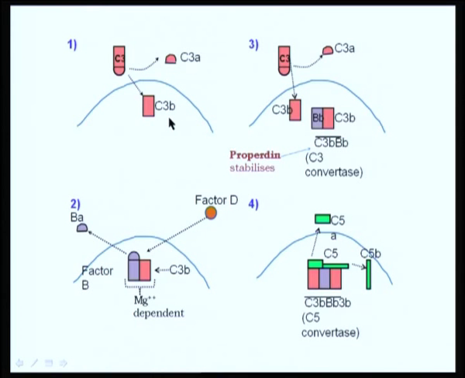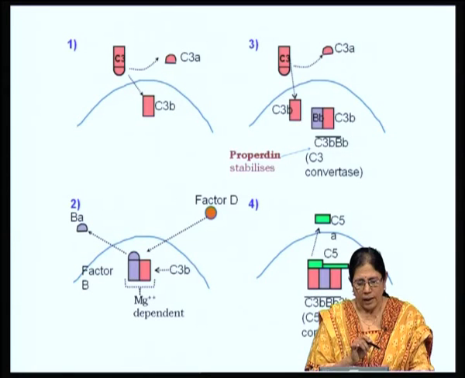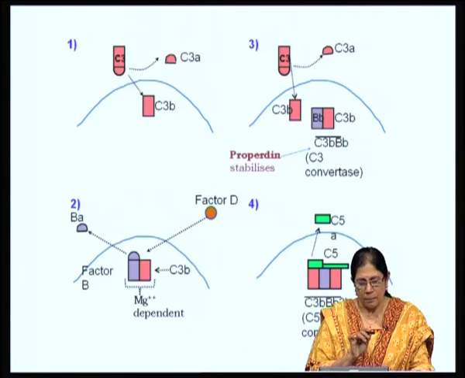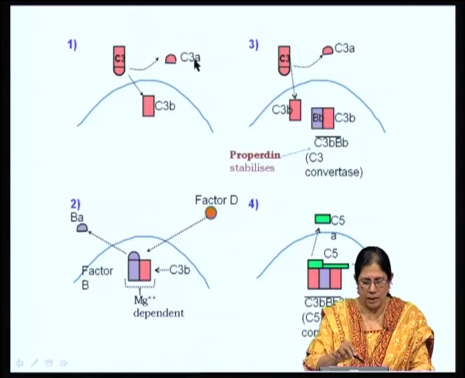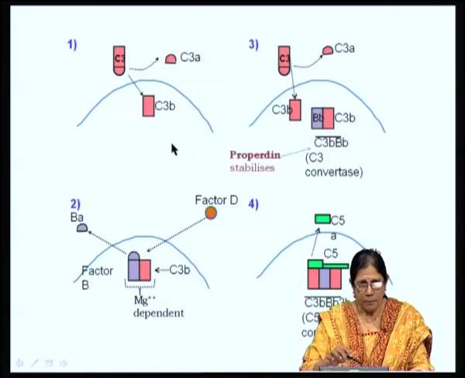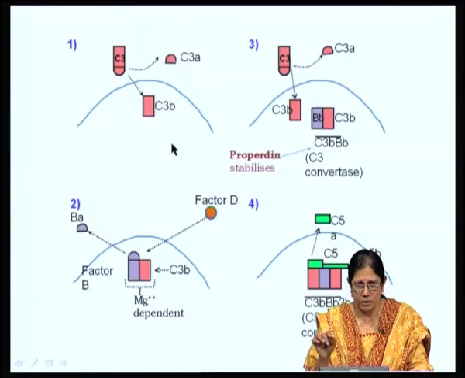Now, the molecule C3, which is present in the serum in an inactive form, has a labile thioester bond, and therefore, there is auto conversion to C3a and C3b, but this is a very slow process.